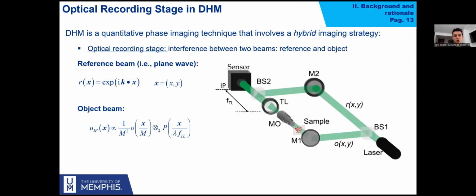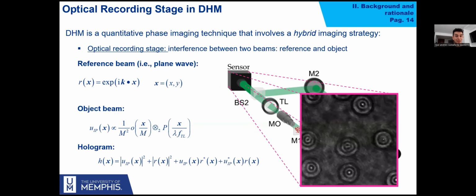So the sensor records the interference pattern between these two beams, the reference and the object beam. This interference pattern is called the hologram. Since the camera records the intensity of the interference pattern, you can represent the hologram as the modulus squared of the sum of the object and the reference beam.